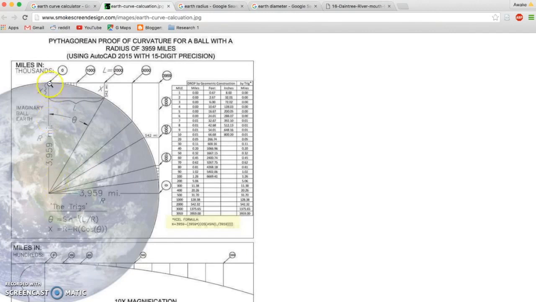That radius from this point to this point, you have to have a calculation that's going to get you so that at this point you're back at your 3959. This has to equal itself right here. So you can sort of browse through here. You can see that at 100 miles, you're at 6,669 feet already of curvature.